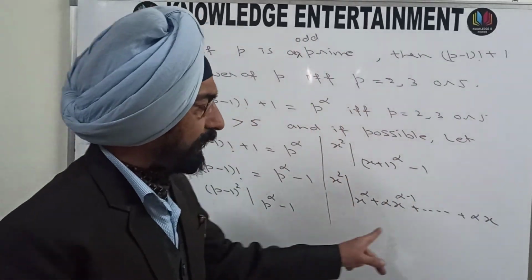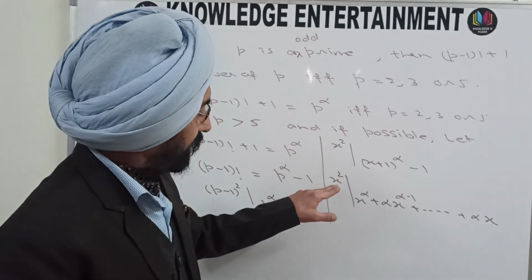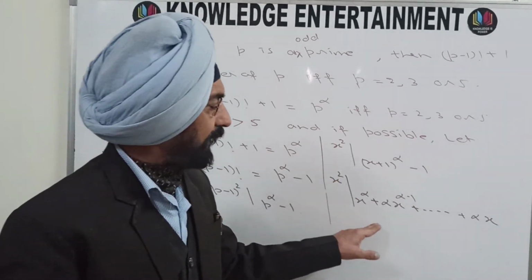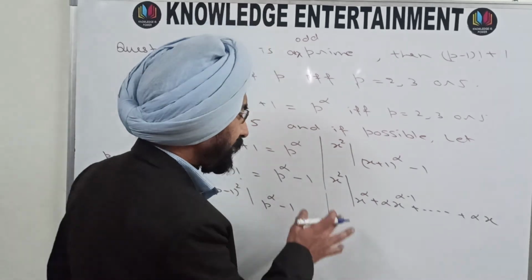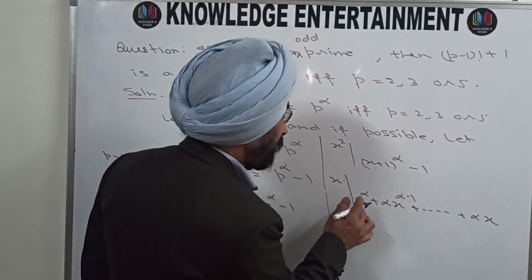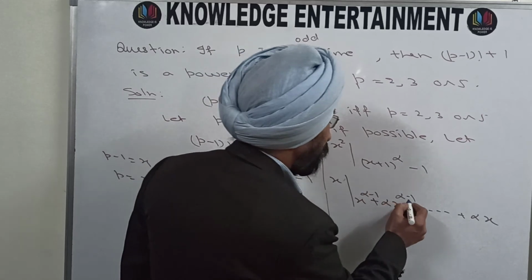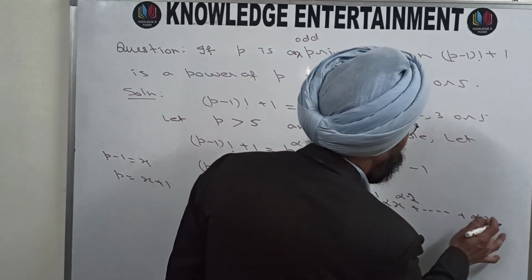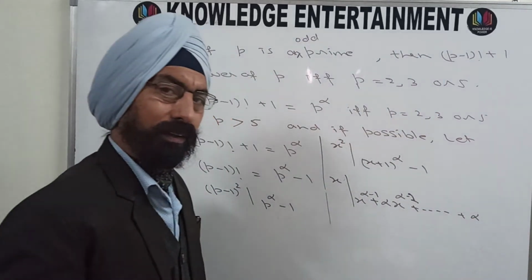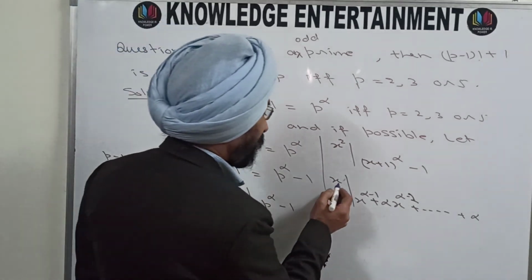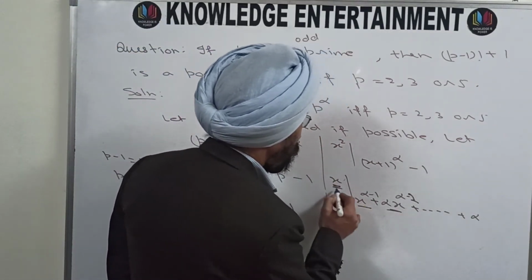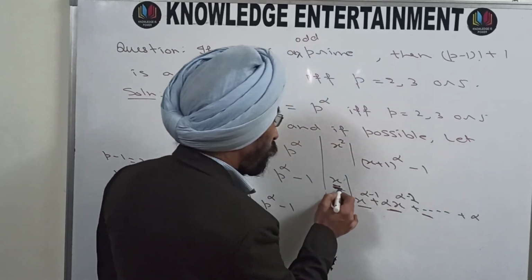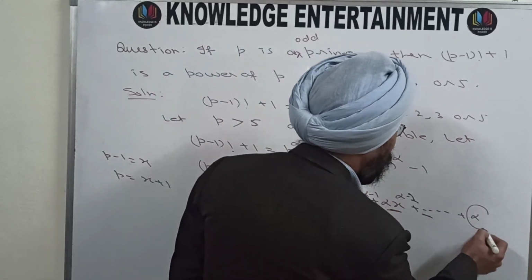Now x square divides this quantity. 1 x from this and 1 x from this term can be cancelled out. So that means x divides x power alpha minus 1, and so on, here you will have x power alpha minus 2, and at the last you will have alpha. One thing is clear: x divides this term, x divides this term, x divides the next term. So x must divide the last term also.